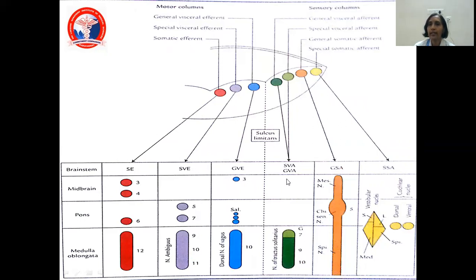The general somatic afferent is responsible for general sensation from the face and neck, and these are carried by the sensory component of the trigeminal nerve. And the nuclei which are representing these components are the mesencephalic nucleus, principal sensory nucleus, and spinal nucleus of the trigeminal nerve. The special somatic afferent nuclei are the vestibular nuclei and the cochlear nuclei.